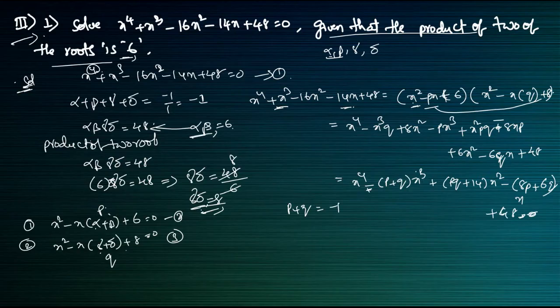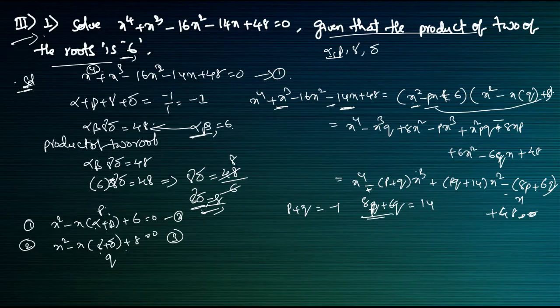Another thing we get is 8p plus 6q is equal to 14. So this will get minus there, minus there, it will become plus. Why I took this: here we can cancel this value and we get the p and q values, meaning alpha plus beta and gamma plus delta.